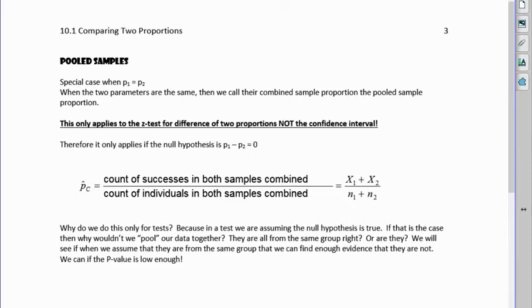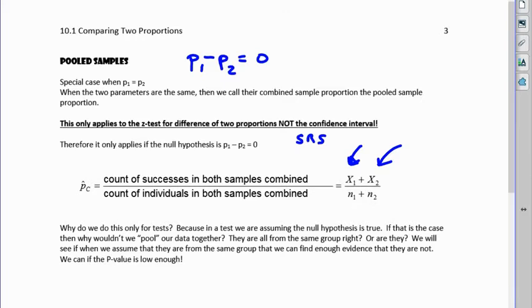And so more about the pooled samples. Again, that's when you think P1 is equal to P2. So when you think P1 minus P2 is equal to 0, when the two parameters are the same, then we're going to think of these guys as really being the same. So we're going to put them together. We're going to take the sample in your SRS, the people who are studying, for example, doing their homework, and the people from the other school who are doing their homework.